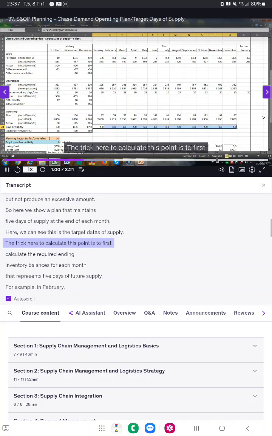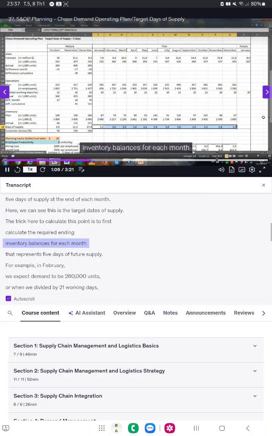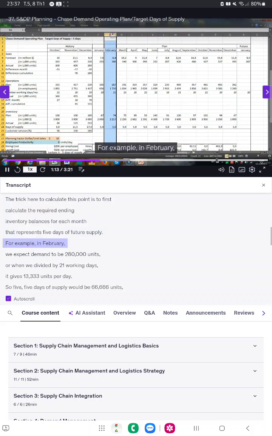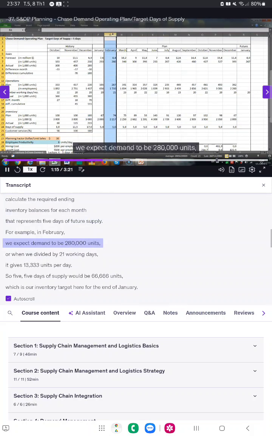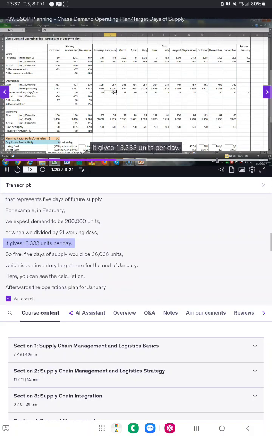The trick here to calculate this plan is to first calculate the required ending inventory balances for each month that represents 5 days of future supply. For example, in February, we expect demand to be 280,000 units, or when we divide it by 21 working days, it gives 13,333 units per day.